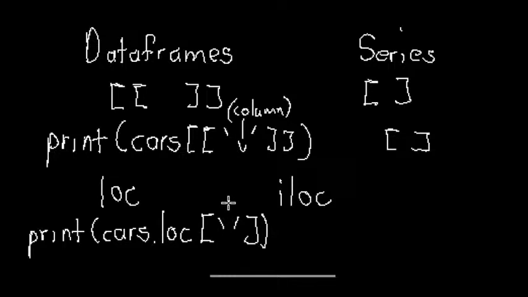But within here, you have to actually specify the label of the column or the row. So whatever the name may be, like countries. Whereas with iloc, instead of saying dot loc, you would say iloc.